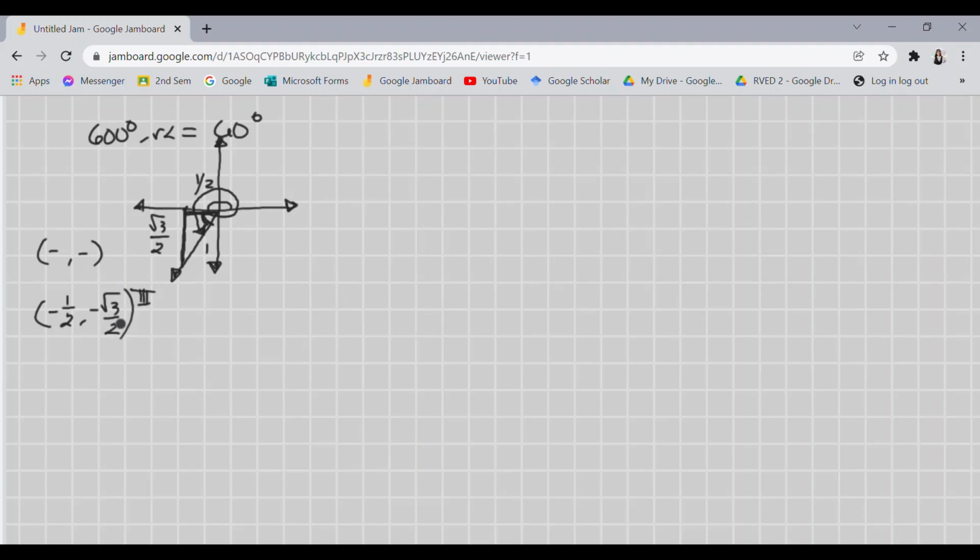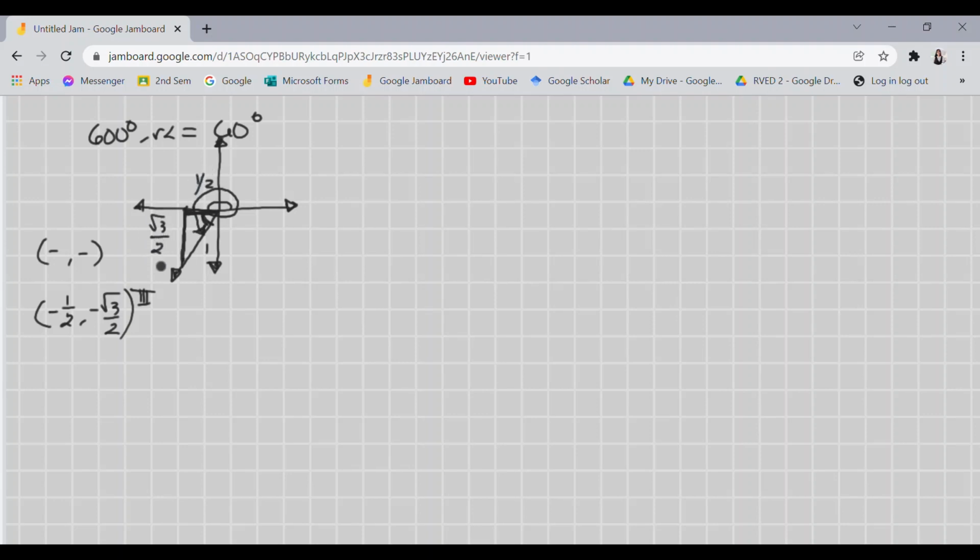We just simply draw the angle, draw the triangle, write the standard units: 1 for the hypotenuse, 1/2 for the shorter leg, square root of 3 over 2 for the longer leg. And then, consider the sign in the quadrant kung nasaan yung terminal side ng ating given angle. And then, since it's negative, negative, your x-coordinate is 1/2, your y-coordinate is square root of 3 over 2, both negative.